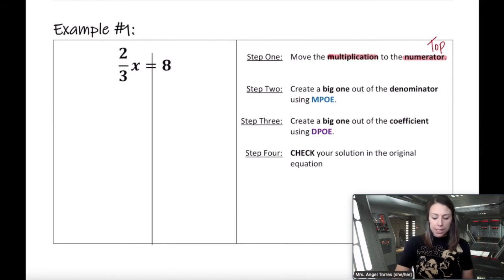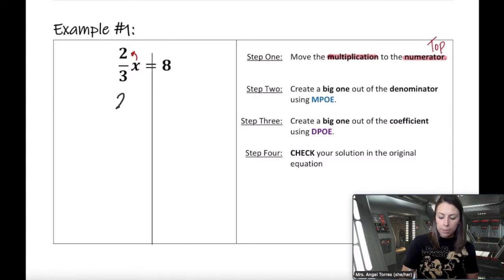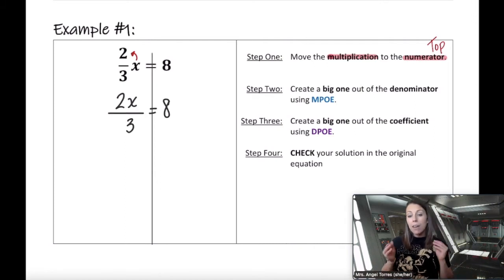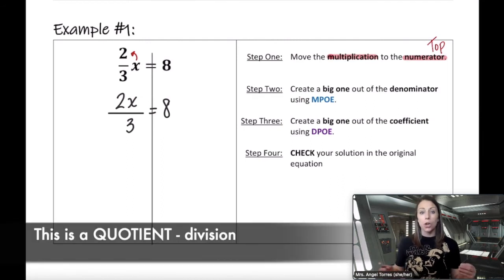We're just going to take this x and move it into the numerator. That means we're going to have a new equation, 2 times x, all divided by 3, equals 8. Now by doing that, we have created an equation that's a quotient, meaning division is happening.